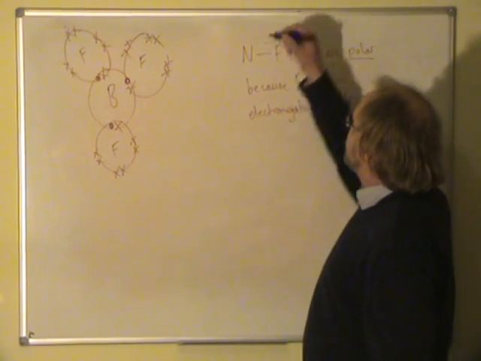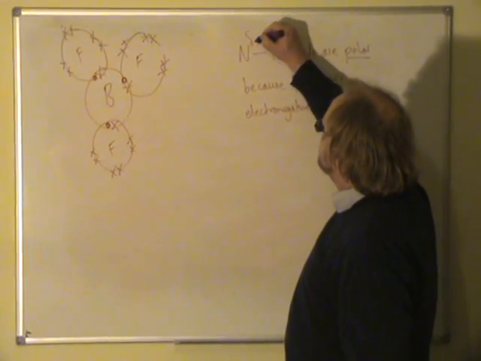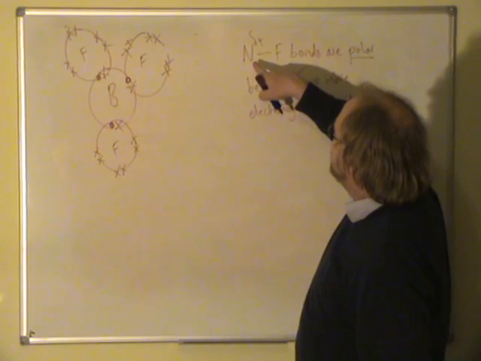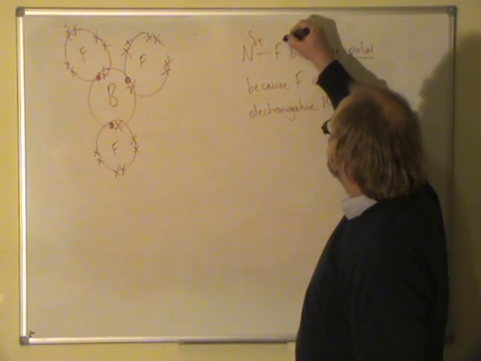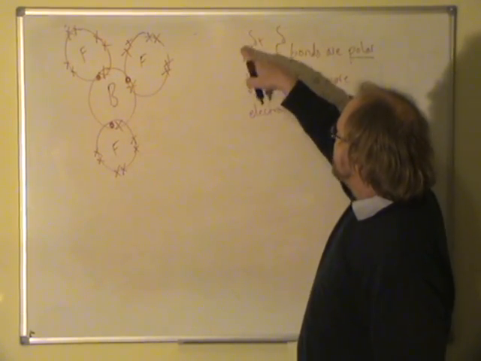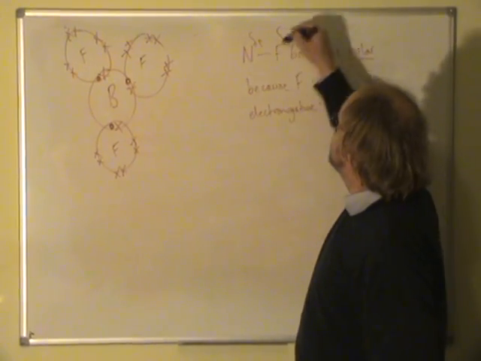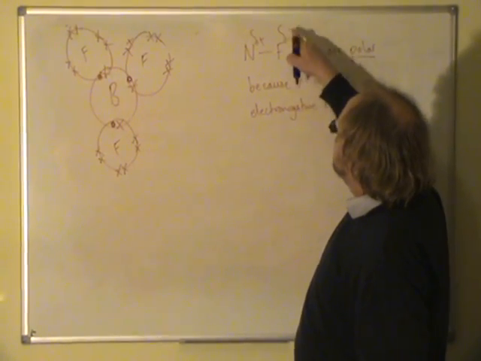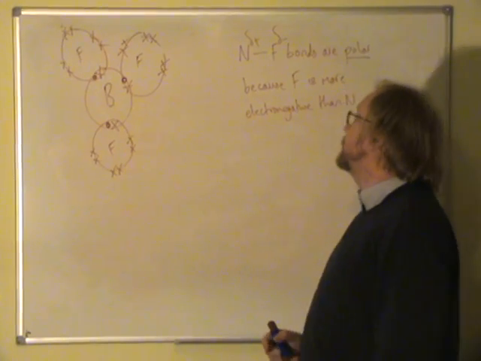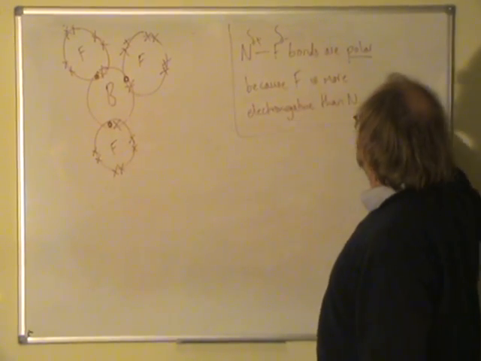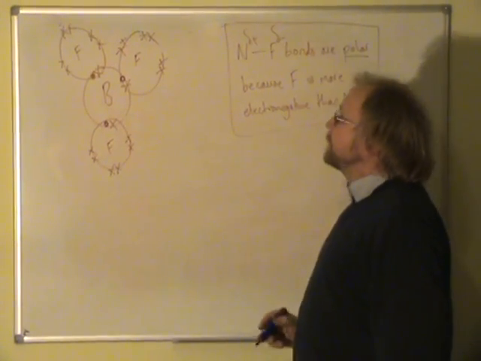And so the consequence of that, and you can just do this most easily just by marking it on the bond, is that the nitrogen will be delta positive, meaning it's got less than its fair share of the shared electrons, and the fluorine is delta negative, meaning that it's got more than its fair share. Okay, so that's the first marking point.